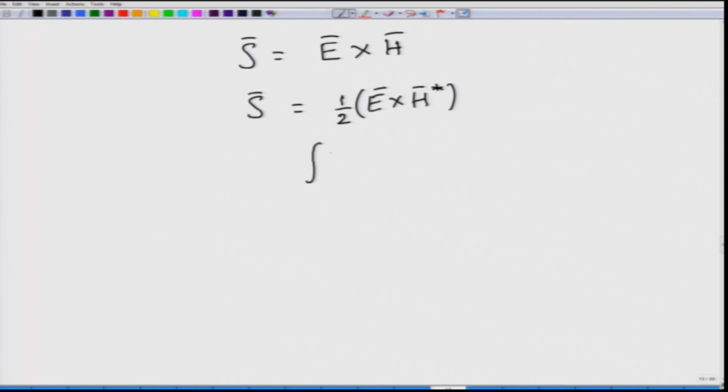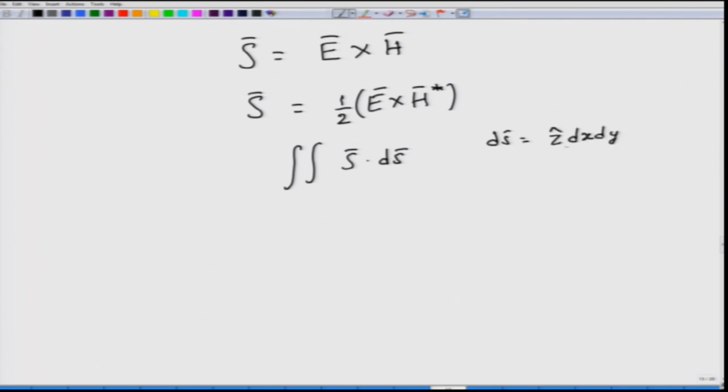Of course, the power itself is obtained by integrating over the area, and in this case the area will be along x and y direction. So, this would be S dot ds, where ds is the surface element given by z hat dx dy.